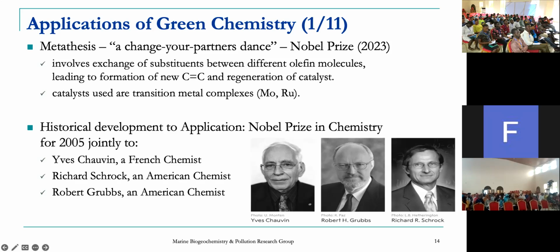And the first person that actually looked at this process was Yves Chauvin, a French chemist. He was the first to propose the concept of metathesis as a reaction involving the exchange of alkylidene moieties in olefins mediated by metal complexes.